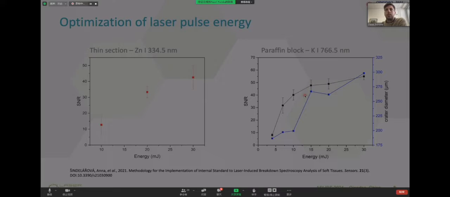We also did optimization of other parameters, but in this case you can at least see how we are developing this optimization. We always did the scan of the whole kidney, and one scan, one map of the kidney, served as one measurement.